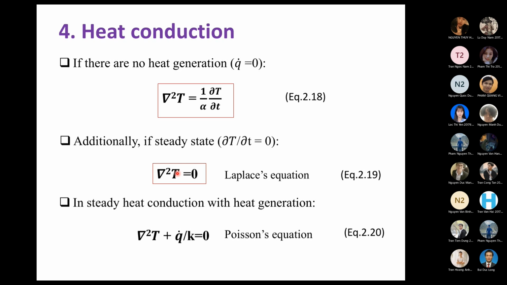If it is still steady state but with heat generation, then we have the Laplacian of T plus Q divided by k equal to 0. We call this equation a Poisson equation.